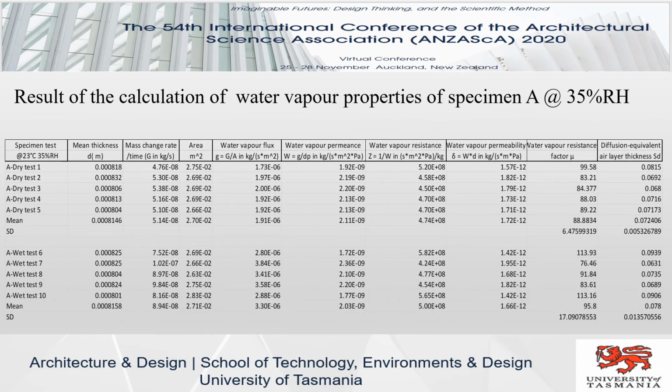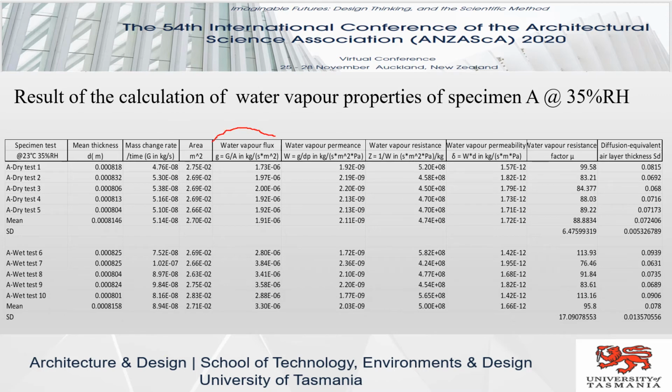This slide is showing the result of the calculation obtained for the water vapor properties of specimen A, and it is important for me to point out all the properties that make up the water vapor resistivity.